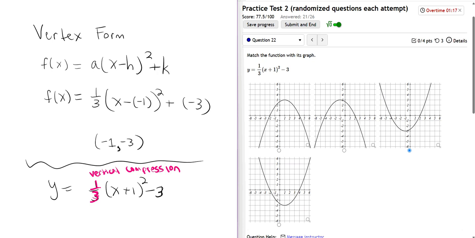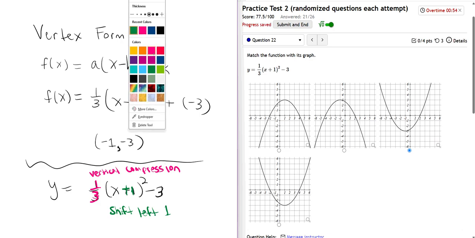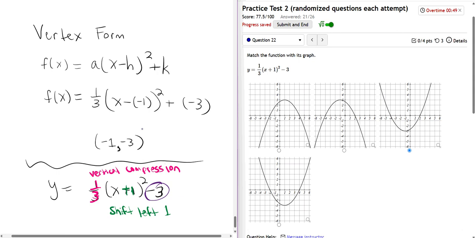The +1 on the inside with x is going to shift the function to the right, no, sorry, the left by 1 unit. And the -3 is going to shift down because it's subtracting 3 from all the y values.